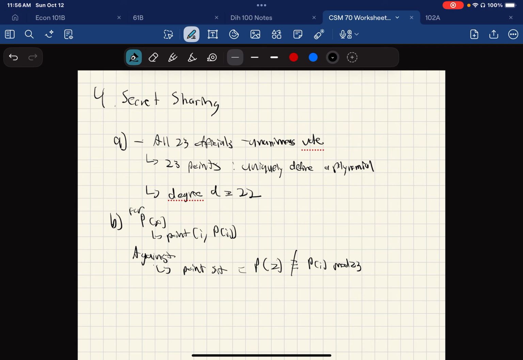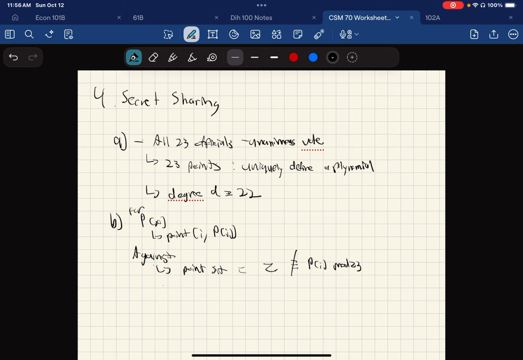I shouldn't really say P of Z; Z is a better term, because it wouldn't be a function of the polynomial, it'd just be some arbitrary y value that is not congruent to P of I mod 23.